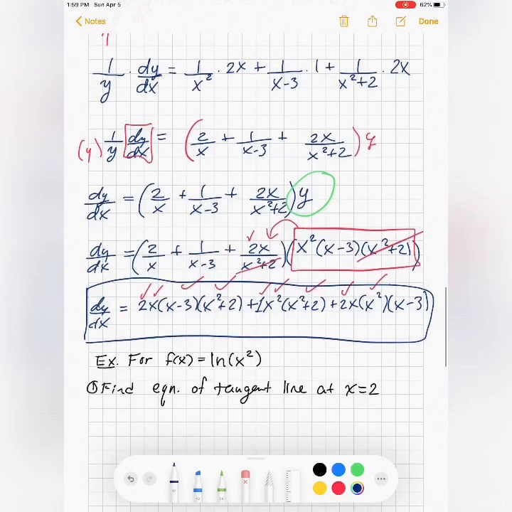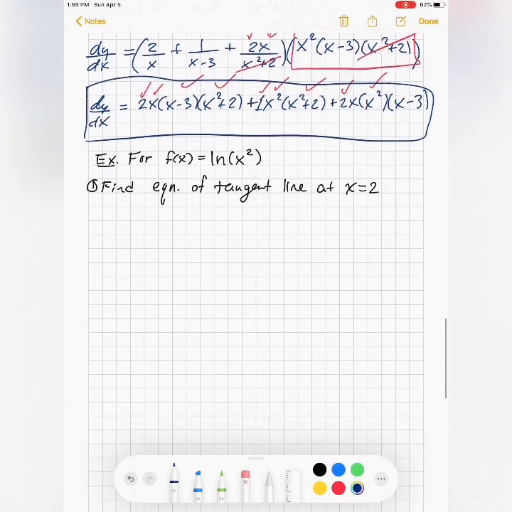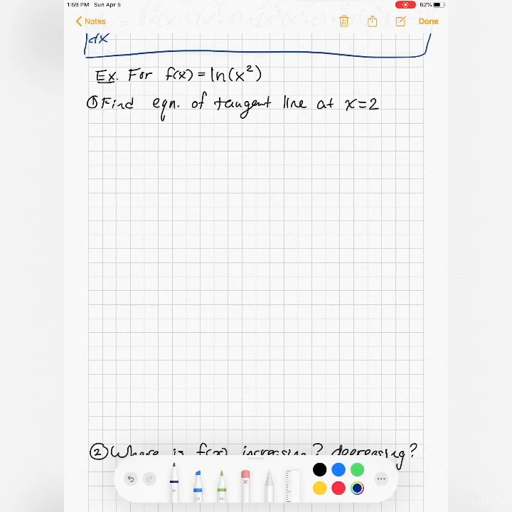All right. What about find the equation of the tangent line? All right, we've done a bunch of this. So I guess first thing I'll need is the derivative. It's a chain rule. So 1 over x squared times 2x.